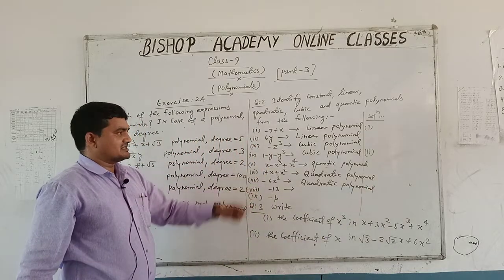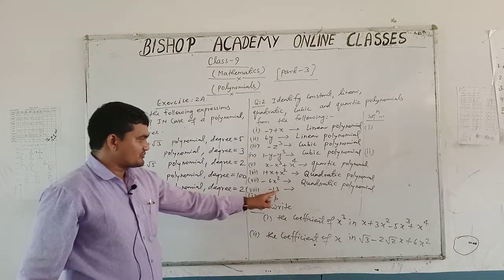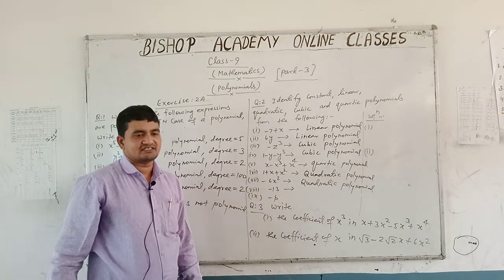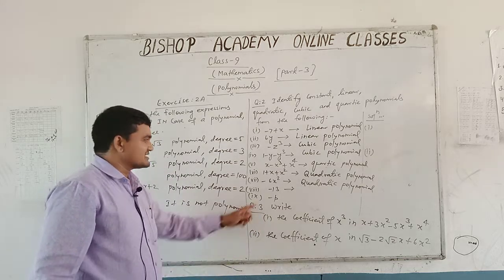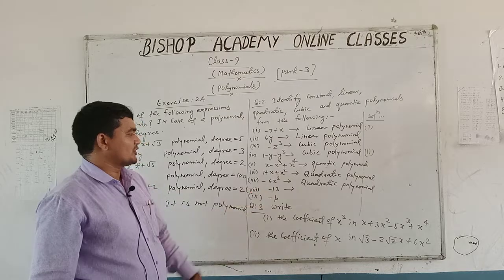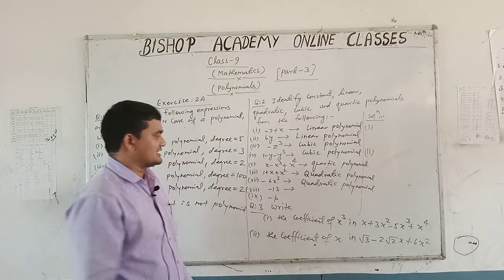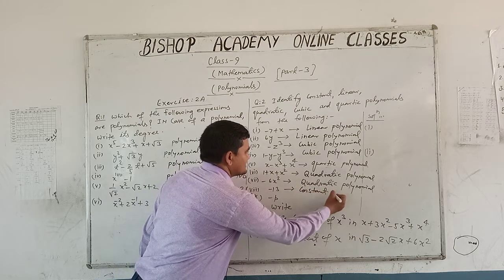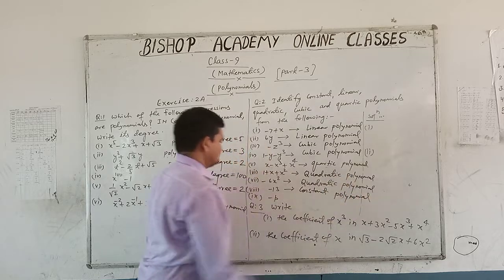In eighth part degree of this polynomial is 0, because -13 is written as -13 into x raised to the power 0 or -13 into t raised to the power 0. Therefore this type of polynomial is known as constant polynomial, means -13 is constant polynomial.